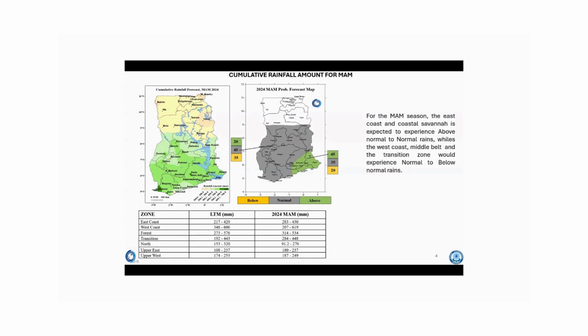Oh, the forecast is everywhere. It's on all the social media handles. So it's on WhatsApp, Instagram, Facebook, Twitter, and it's on our website. Okay. Kofi, so please follow GMET's social media platforms and you will see all their updates.